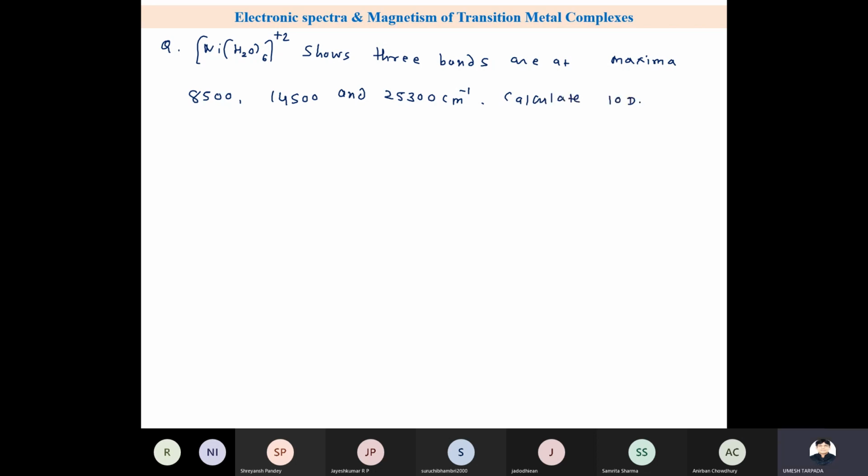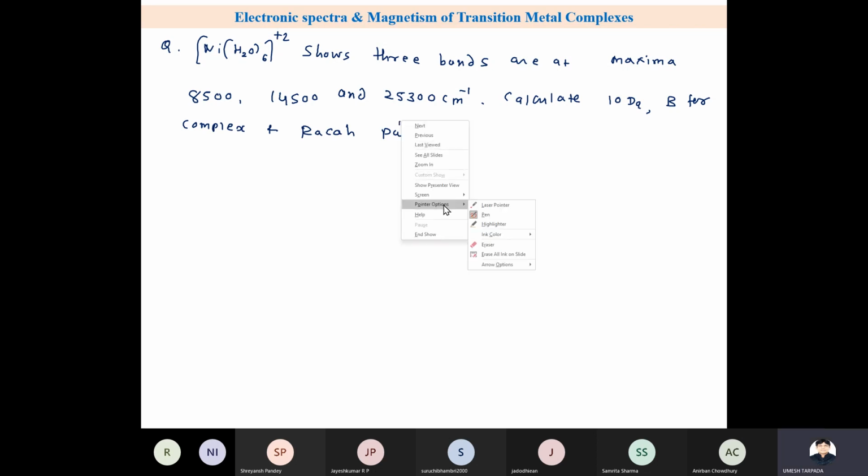So calculate 10 DQ, B for the complex, and Racah parameter. Sorry, B, the Racah parameter for complex and nephelauxetic ratio.